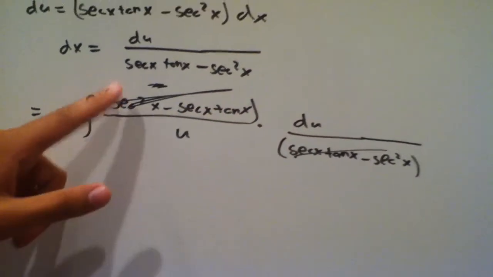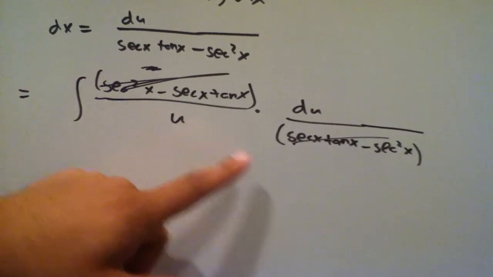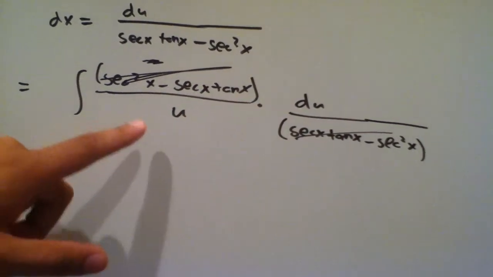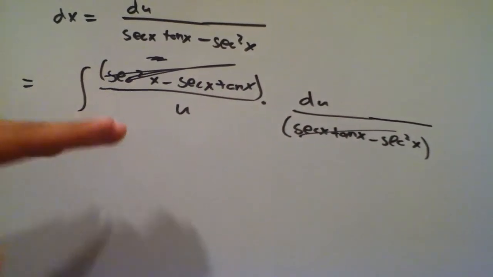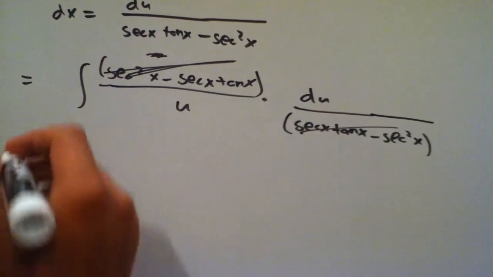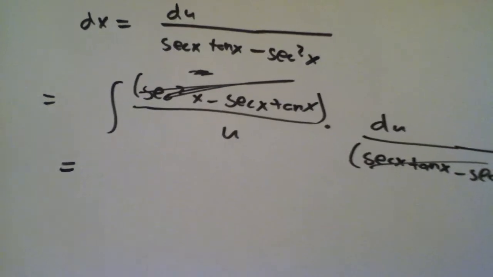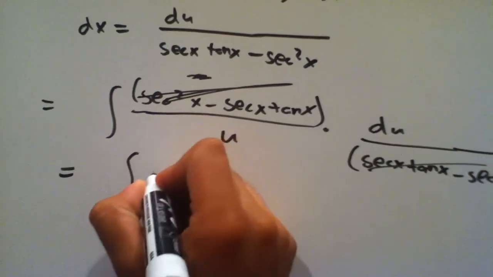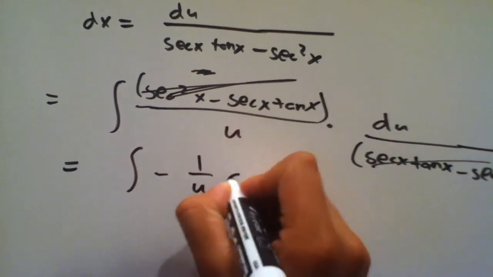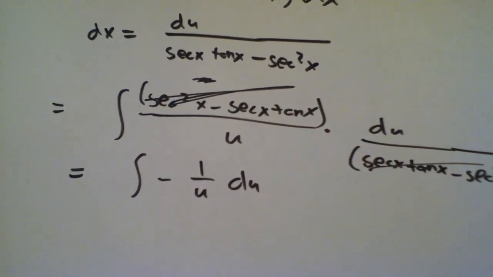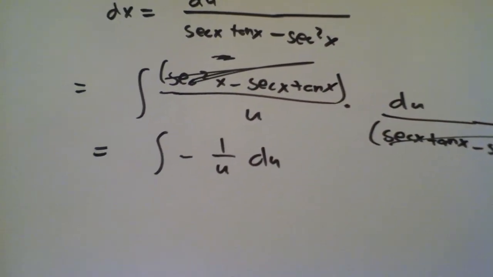What you have left, and it's very important to cancel all these x's out, because to integrate, it has to all be in one variable. At this point we can't do multi-variable integrals. So we have negative 1 over u du, and 1 over u is the derivative of the natural log.